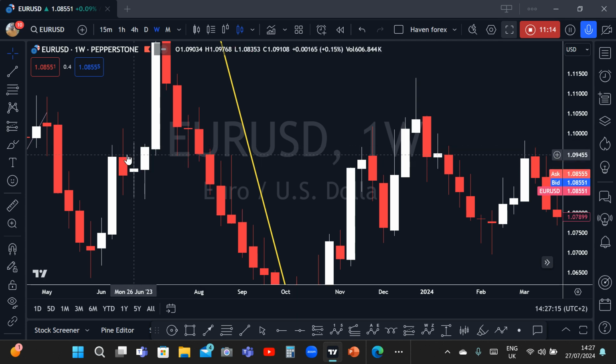Why all this? Because of these other blocks here. These are reactionary points that you should expect price to react to. Even though it's going to break below this place, it must react. You can see the way it reacted, but because this one could not hold it, it broke below.